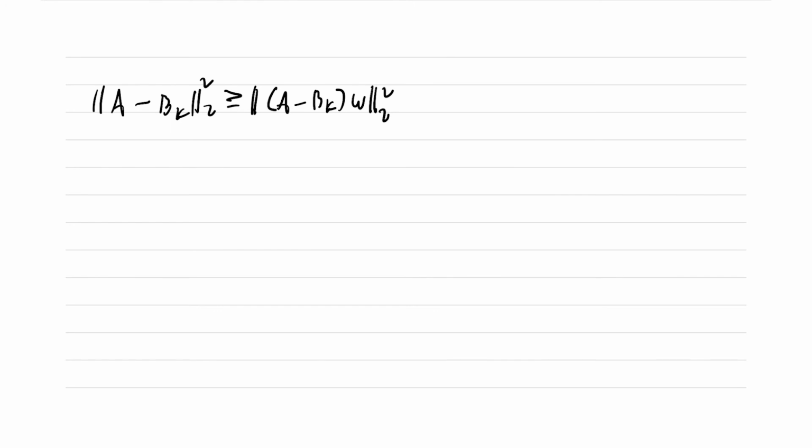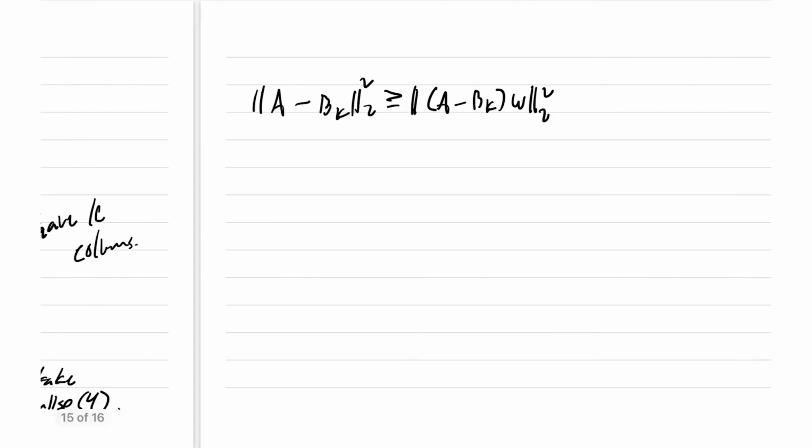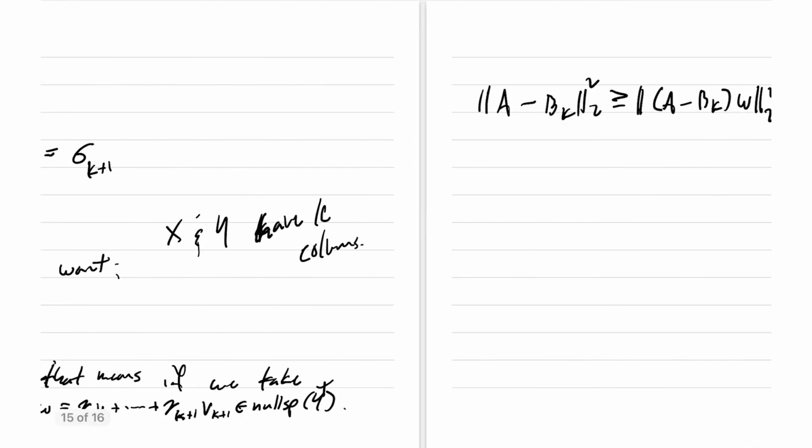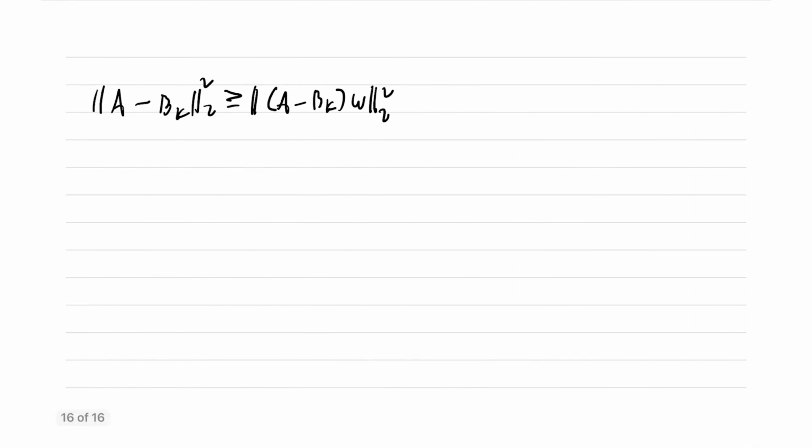And since W annihilates Y, and BK should be in the null space of Y transpose, when I put W here, this ends up being 0. So BK hitting W is just going to be 0, and so this is exactly equal to the norm of A times W, squared.